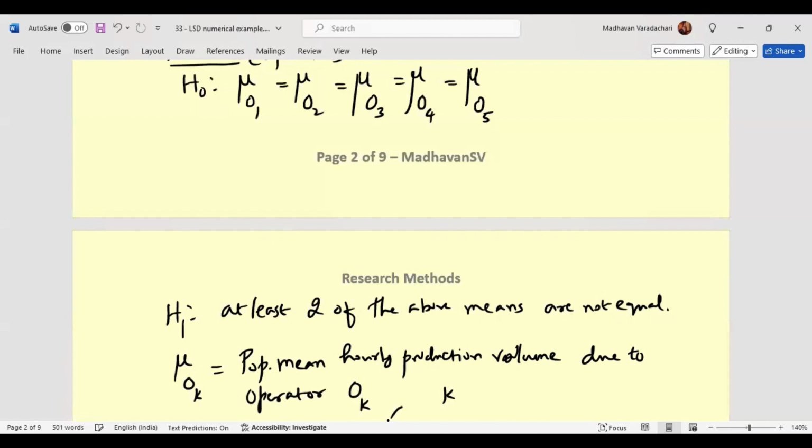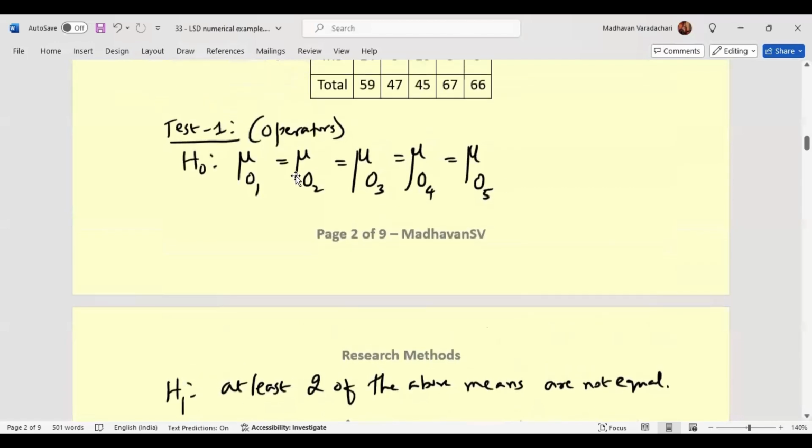So here k takes the values 1, 2, 3, 4 and 5 because there are 5 operators. This is our first test, which is based on the operators, or we can say treatments.